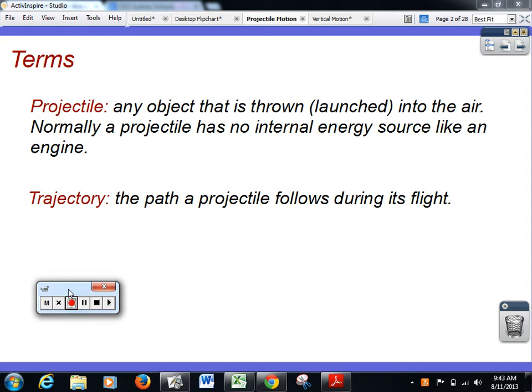Trajectory is simply the path of the projectile that follows through flight. Right here. We all got that down?